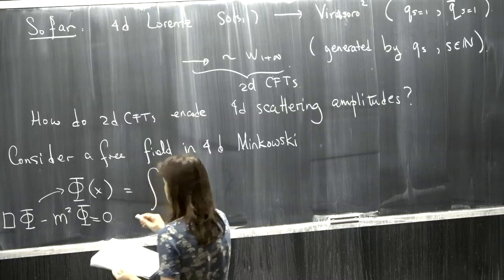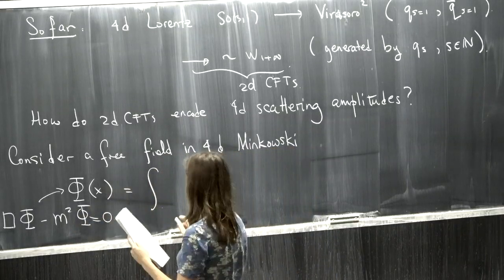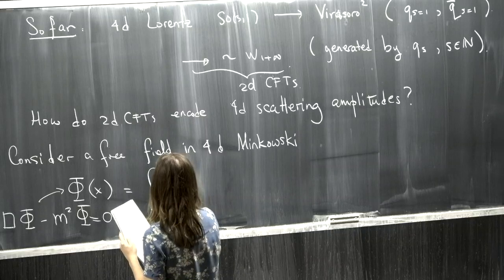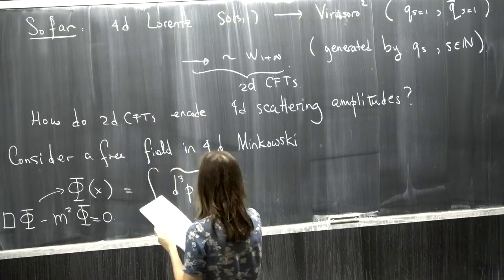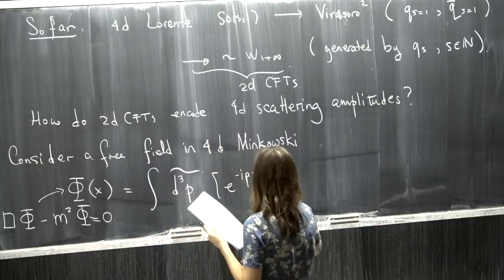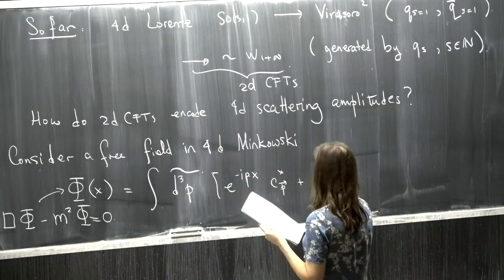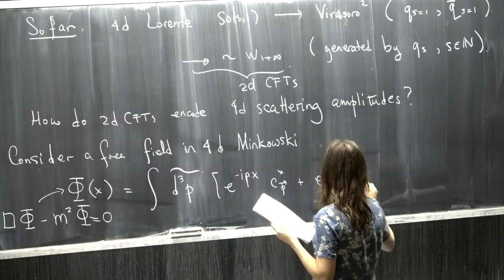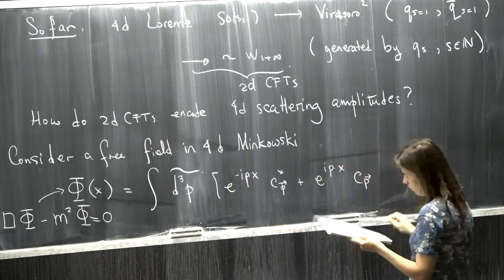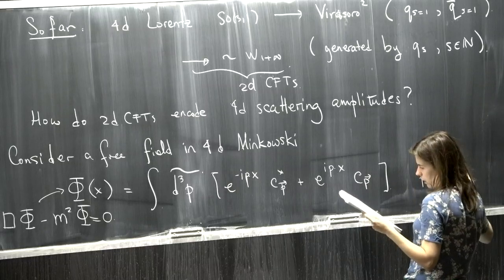And one can take a Fourier transform, as usual, of this equation and expand this bulk field in Fourier modes. So we have the integral d3p of e to the minus ip dot x c_p star plus e to the ip dot x c_p, where, as usual, p squared is minus m squared.